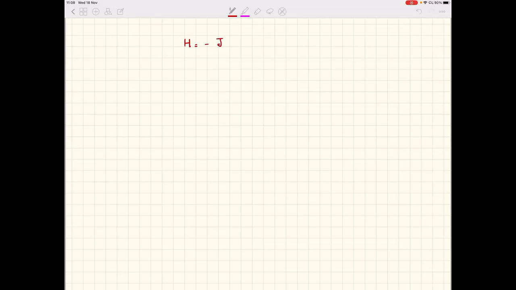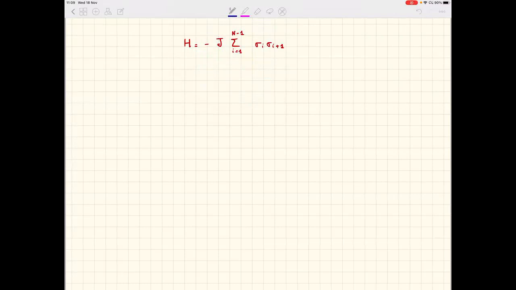So it's a sum over J, i from 1 to n minus 1, sigma i sigma i plus 1. It's an open chain with open boundary conditions described by the Ising model where J is positive.